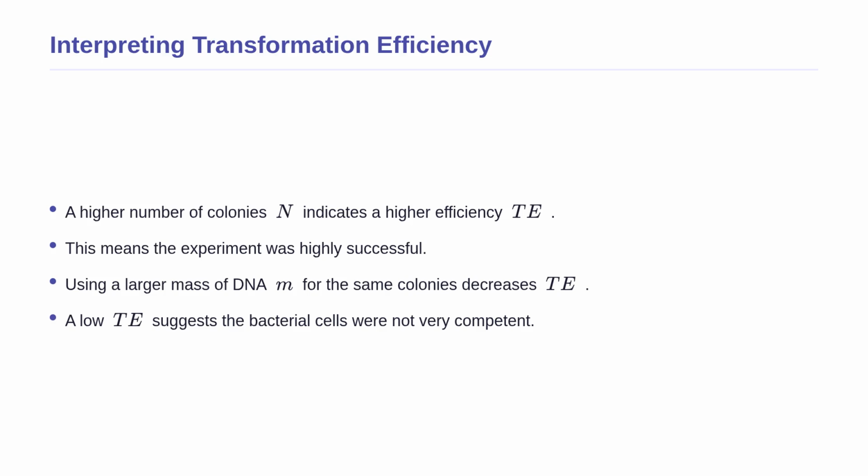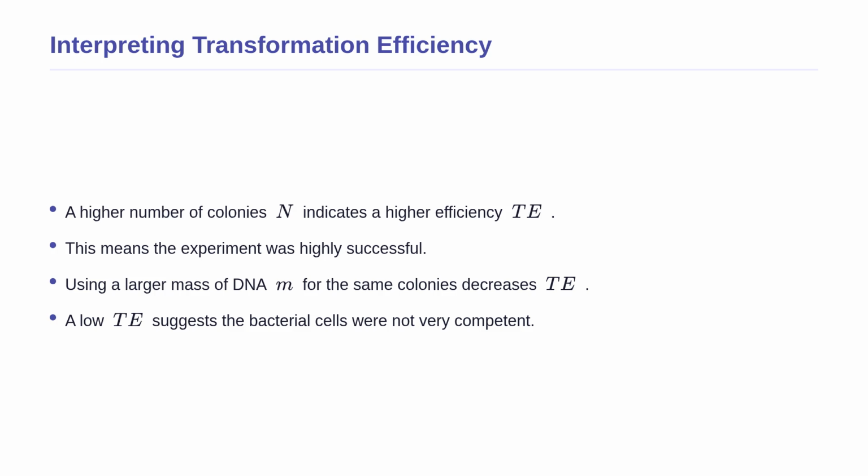Before we calculate anything, let us think about what this formula actually tells us physically. If the number of colonies, N, increases while everything else stays the same, your efficiency, TE, increases. This indicates a highly successful experiment where many cells took up the DNA.